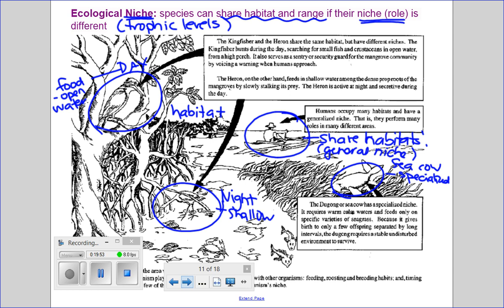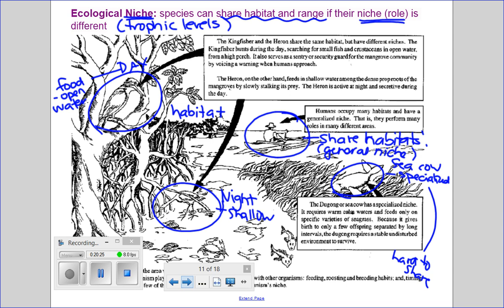That means that it is very hard for this organism to share. It's kind of like a 2-year-old, can't share with anybody, but this organism has such a specific set of conditions for it to be able to reproduce and for what it eats that it is really hard for this organism to share a habitat with another organism because it cannot adapt. It can't do something else.